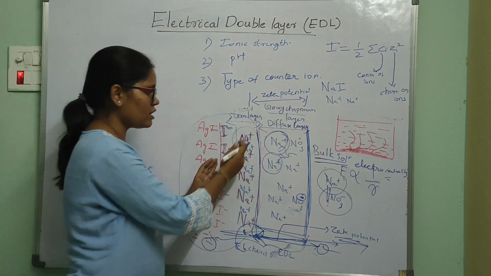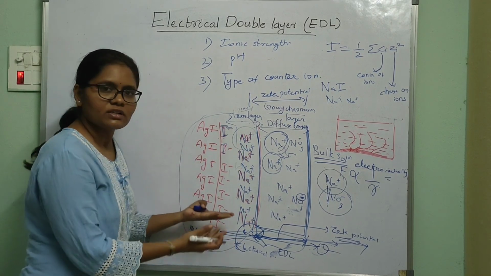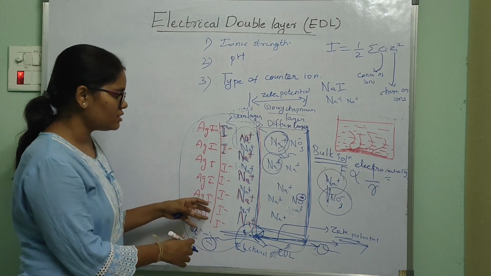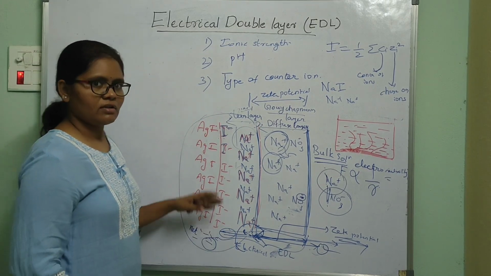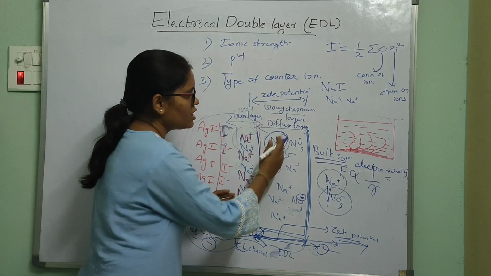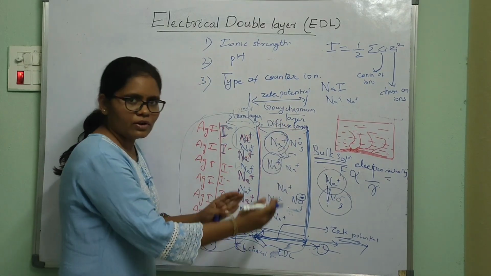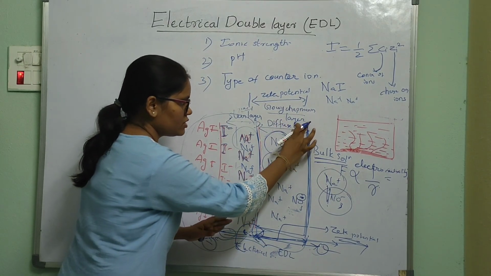If a large number of ions come and accumulate near it, the negative charge will be neutralized, right? So there will be less negative charge on the colloidal particle. When there is less negative charge, it will attract only a few counter ions from the solution.